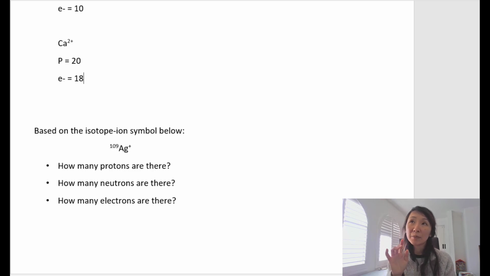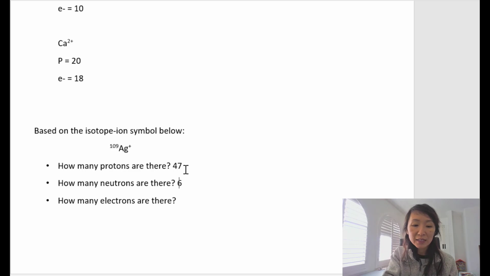Silver in the periodic table is 47. So therefore, the number of protons is 47. Now, how many neutrons? Remember, the neutron number is the mass number minus the proton number. So you can get out your calculator and calculate 109 minus 47.